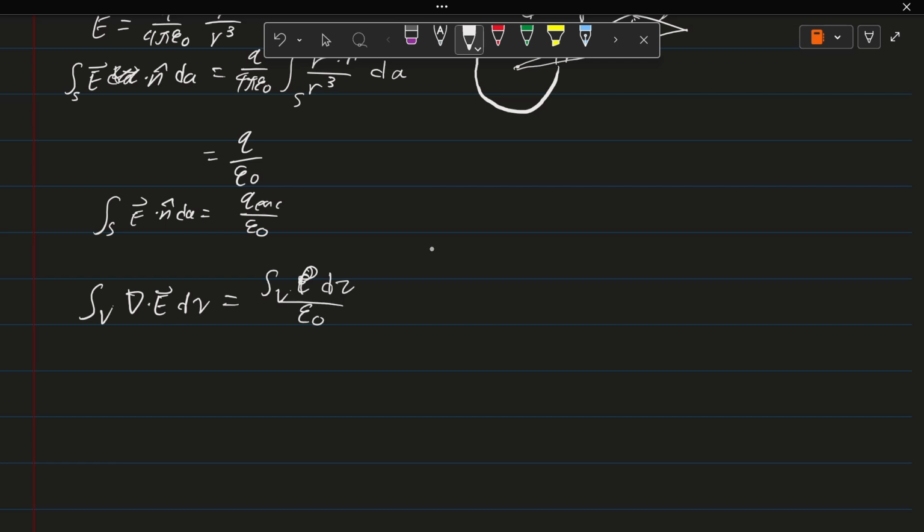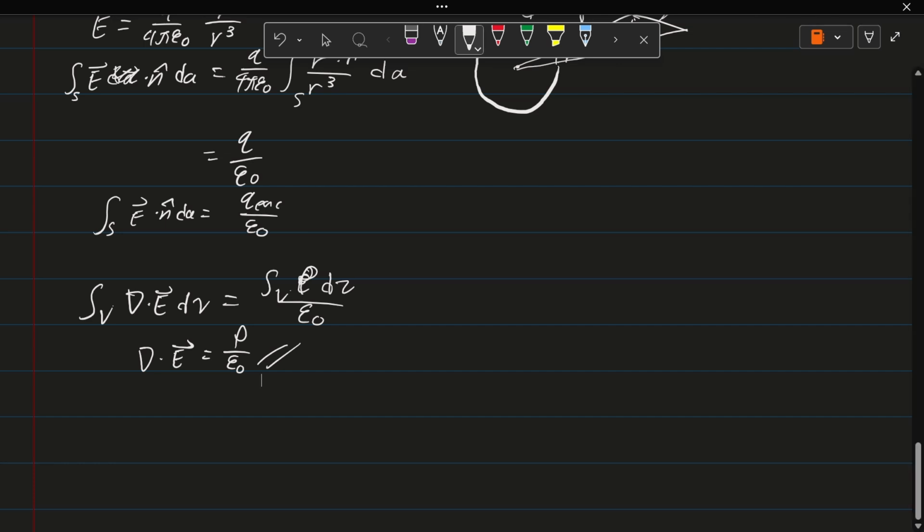So what we observe here could be turned into divergence of E equals rho over epsilon 0. And this is the differential form of Gauss's law, which is a much more useful tool if you don't know about the symmetry or such other things, but you know about the charge distribution.